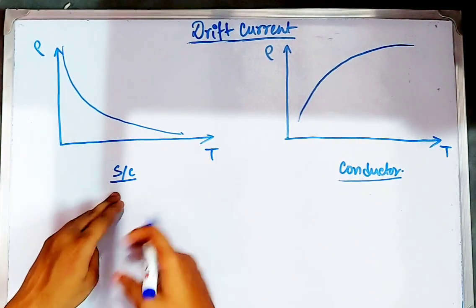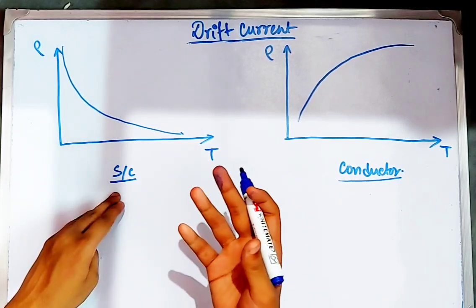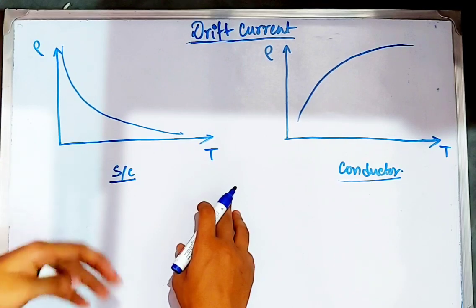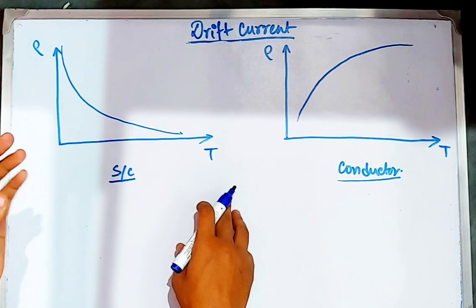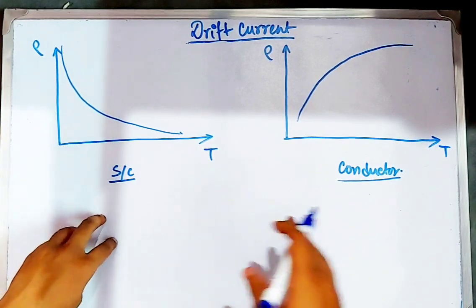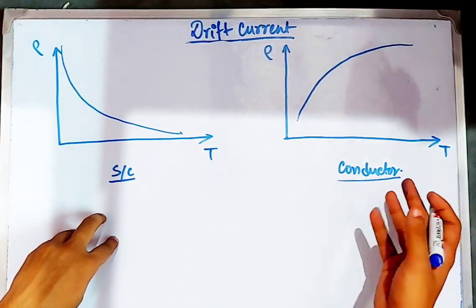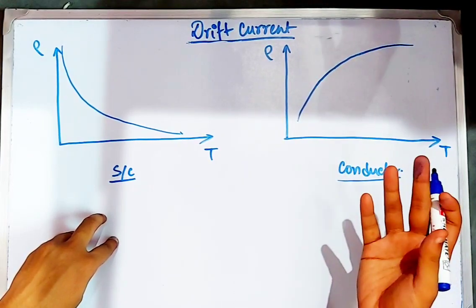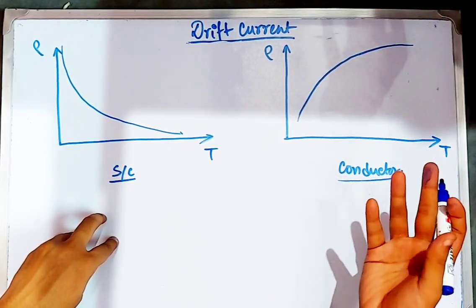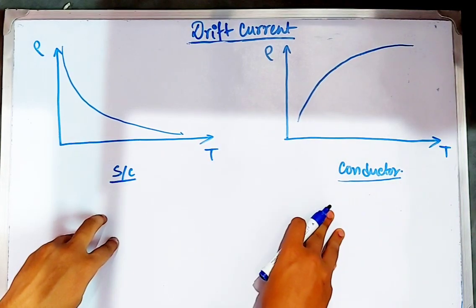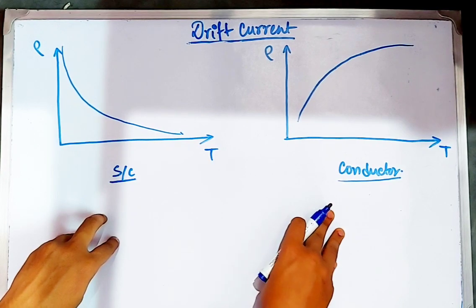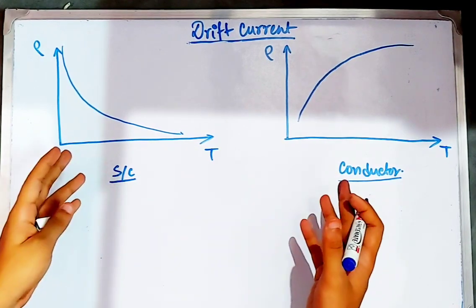In a semiconductor, the more I raise the temperature, the more easily the current will flow, or you can say the less the current will get resisted. But in case of a conductor, the more I raise the temperature, the more the current feels resisted. So this type of difference can be seen within these two cases.